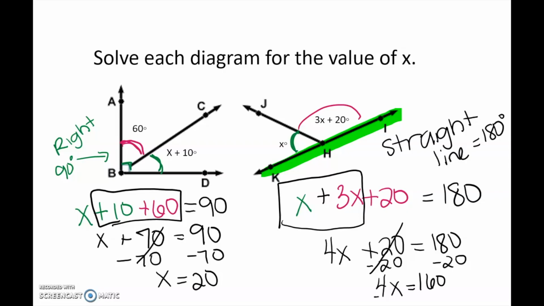We divide by 4, and we get x equals 40 degrees. So we can see that equations can be used for all different types of problems, including angle measures. So go ahead and do some practice.